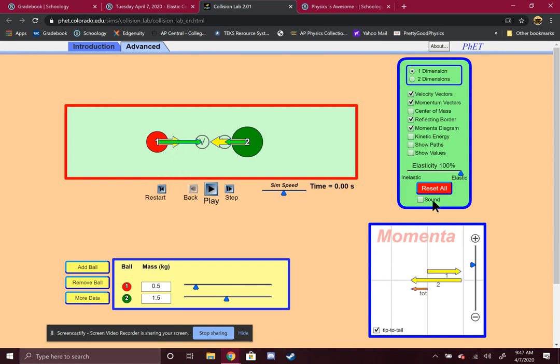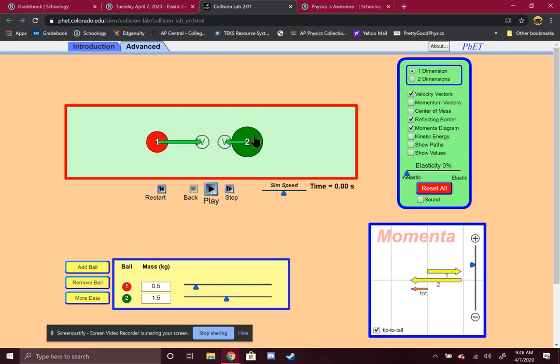So if we reset, and now we're going to make it inelastic, everything stays the same. We're just making it inelastic. We're going to hit play and see what happens. So let's just focus on the velocities real quick. What happened to the velocities?